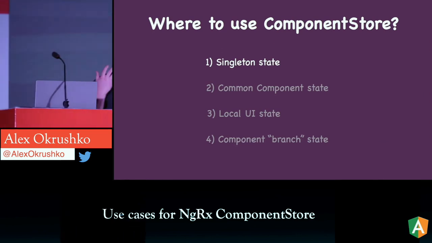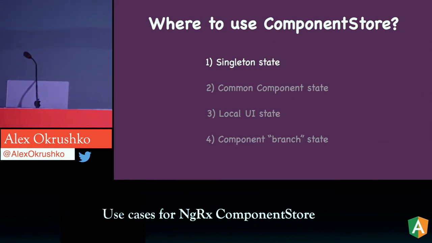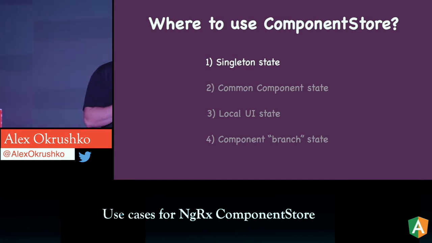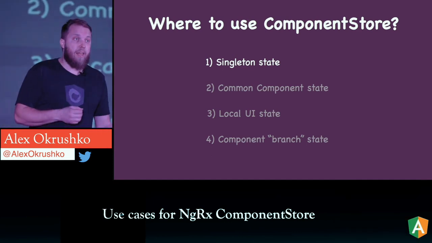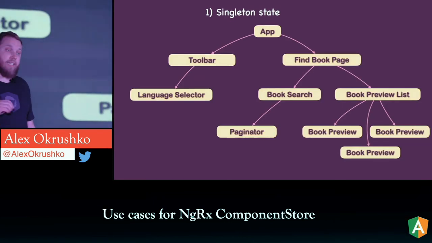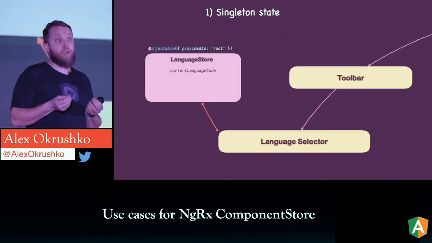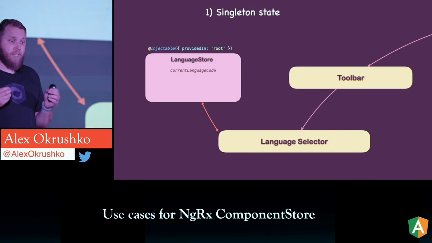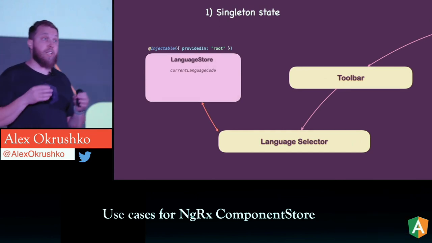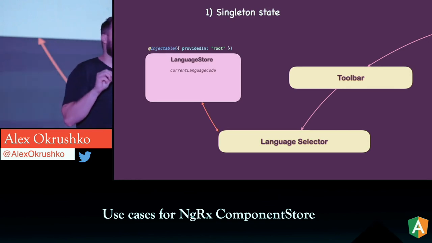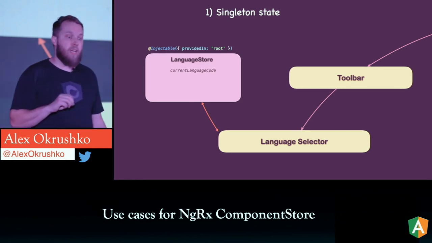Okay, so we'll start with the singleton state. Singleton state, and that's the easiest one. And it's actually probably my least preferred use case for component store. The reason for that is, we'll add the language store, for example. This is a component store that fully owns the current language selected in the app.